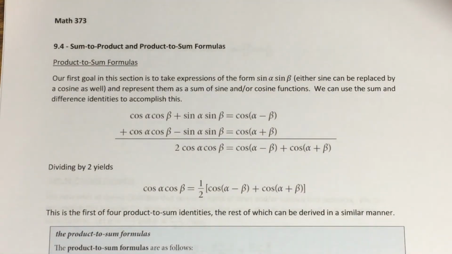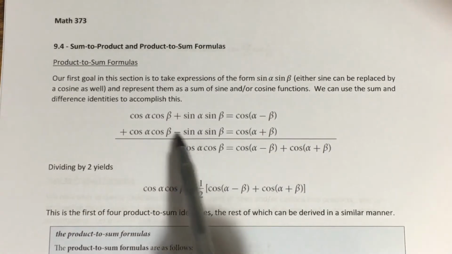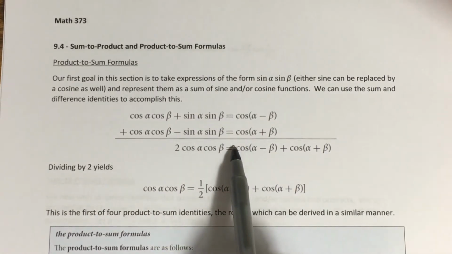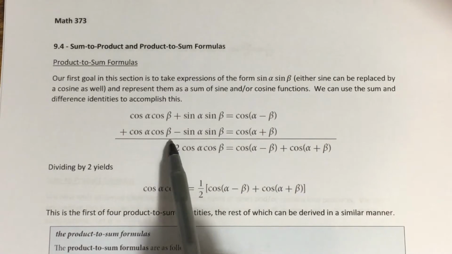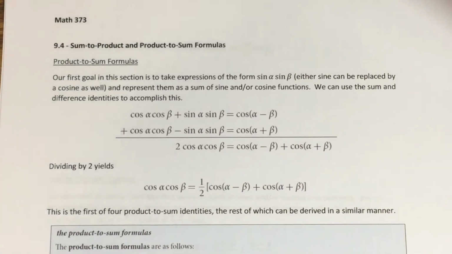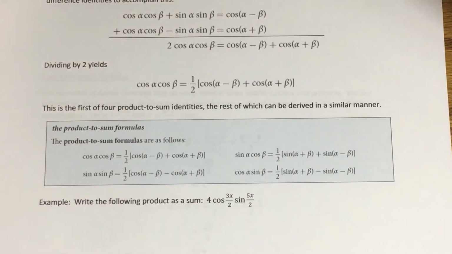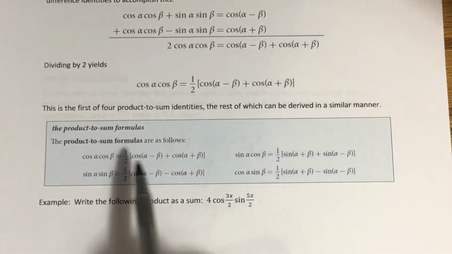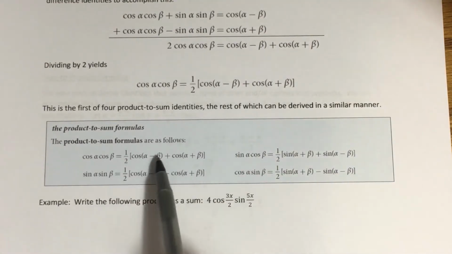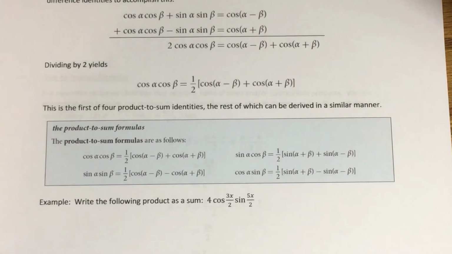We would be looking at the sum or difference identities for either cosine or sine, and then adding or subtracting those things and simplifying. I'm not going to go through all of that because if you've seen one, you've essentially seen them all. But these, for reference, are all 4 of the identities that we're talking about for product to sums. So let's take a look at an example.